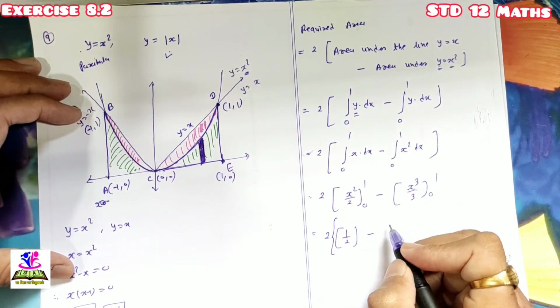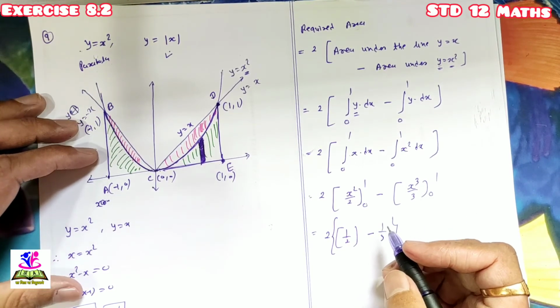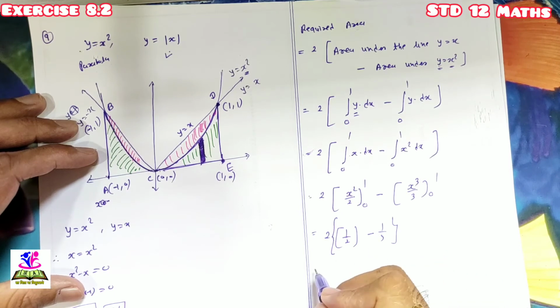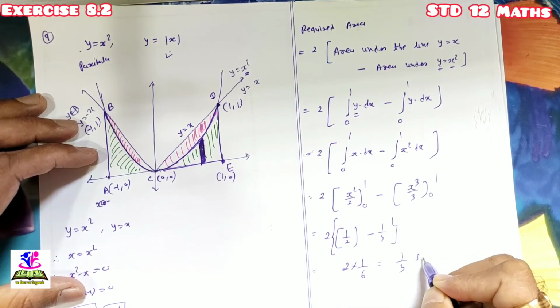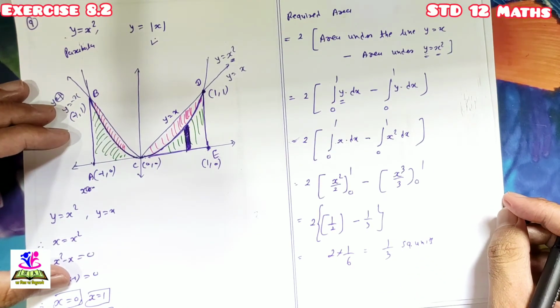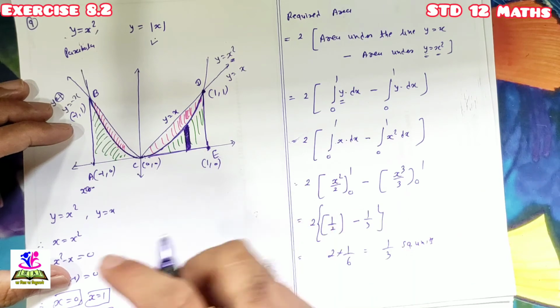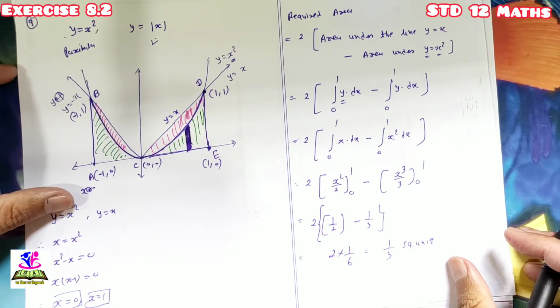Now 1 by 2 minus 1 by 3 is 1 by 6, so it's 2 into 1 by 6, so it's 1 by 3 square units. Clear? So the area enclosed by this line and curve is 1 by 3 square units. Understood?